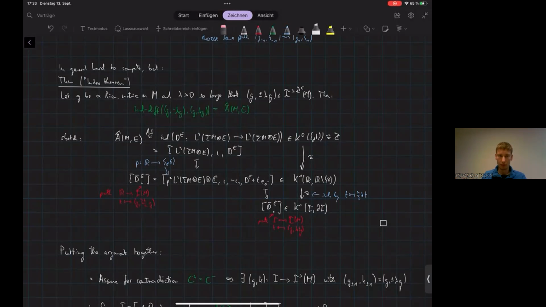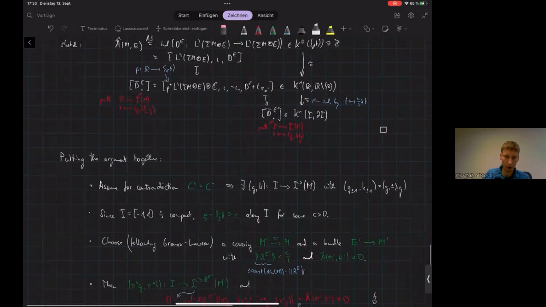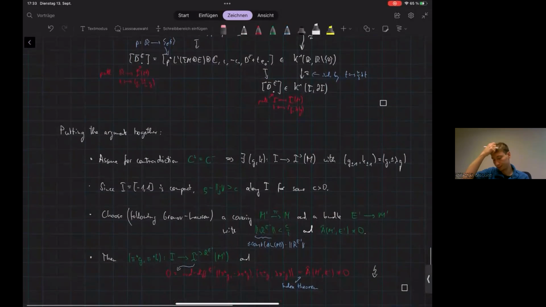So with this index theorem and the construction of the index difference that I explained above, we can now put all the arguments together and prove the theorem in the special case that I restricted to in the beginning.